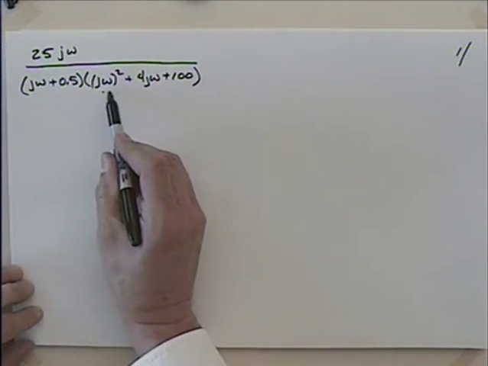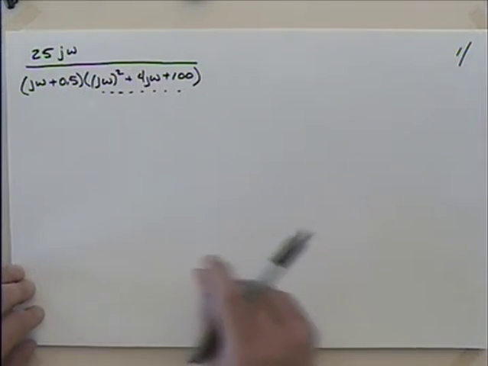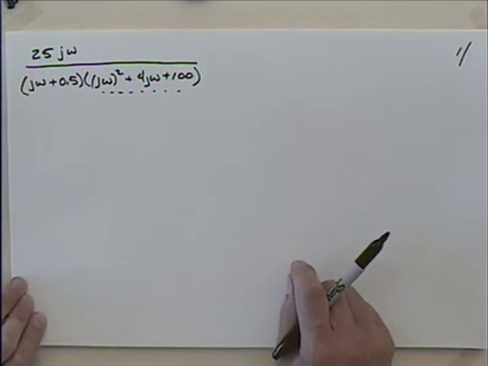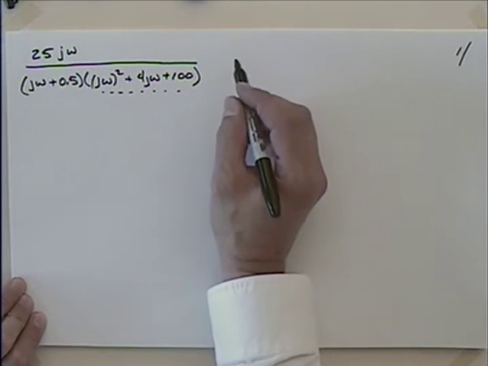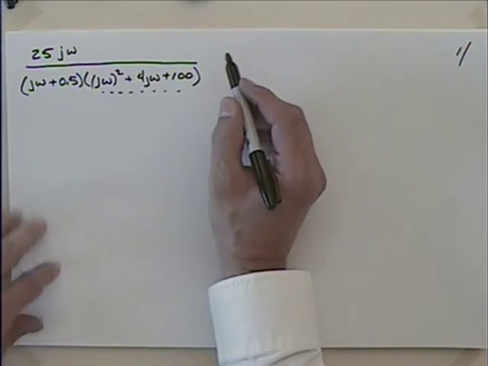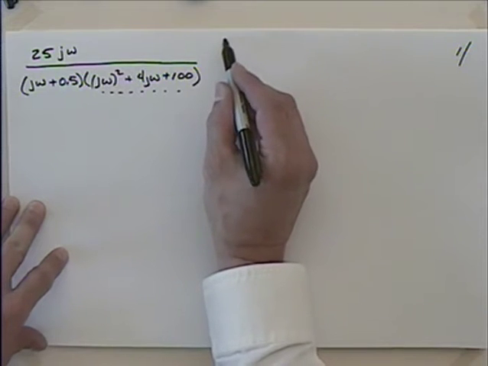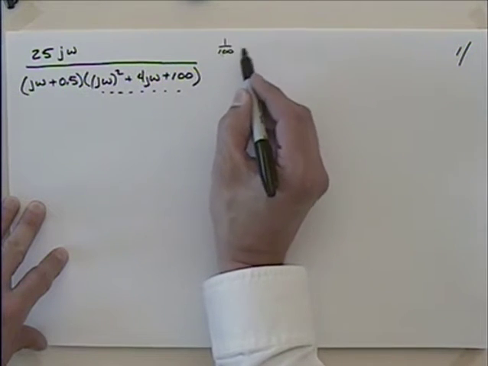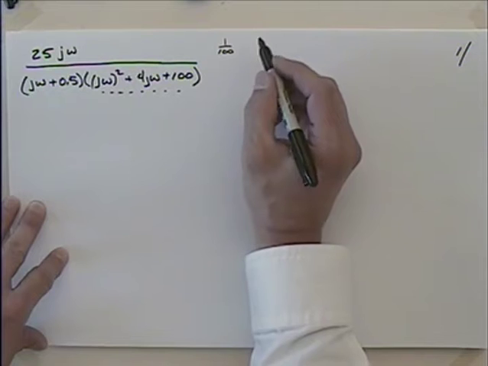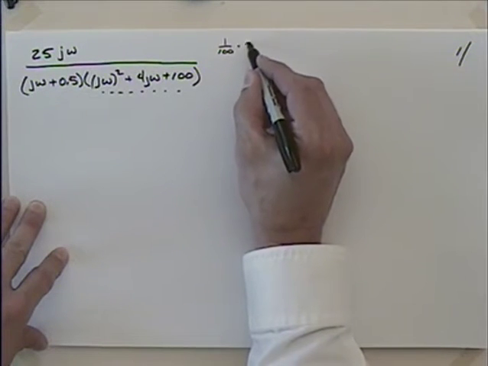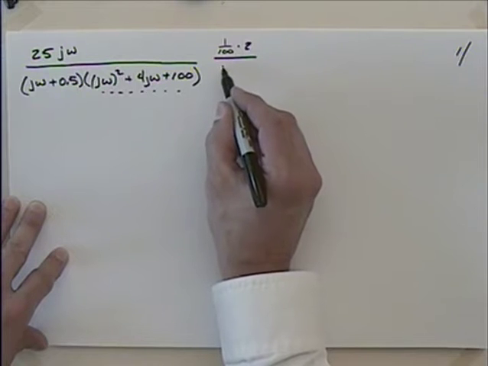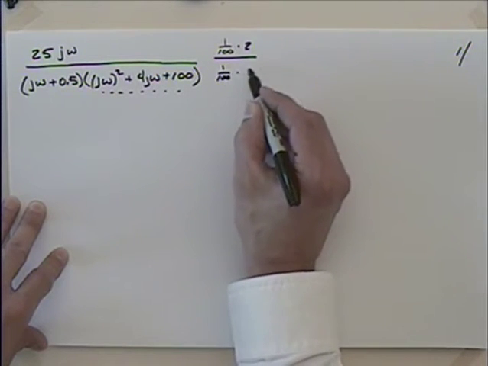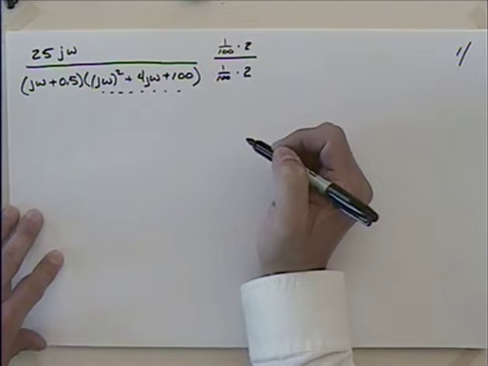Obviously, this term here is how we recognize we're going to have some complex poles or zeros. Since it's in the denominator, we would have poles with this one. I'm going to multiply by kind of an odd factor here, 1 over 100, and then I'll maybe multiply also by 2. And I can't just do that. I've got to do that top and bottom, 1 over 100 and then times 2.